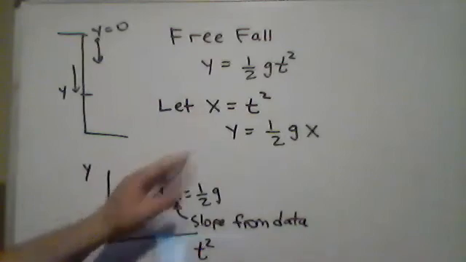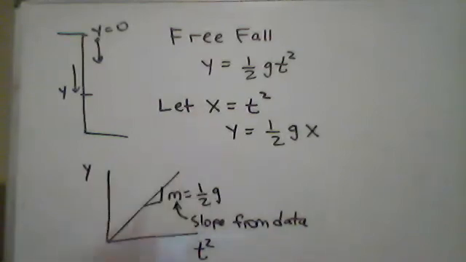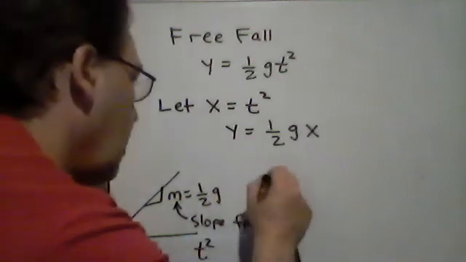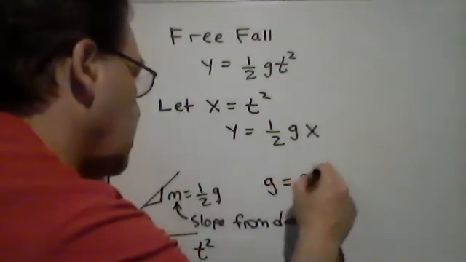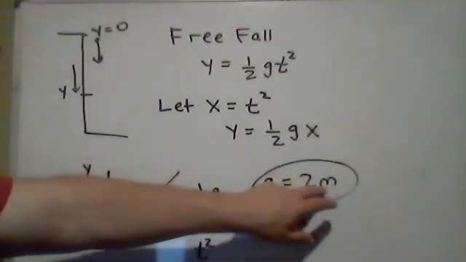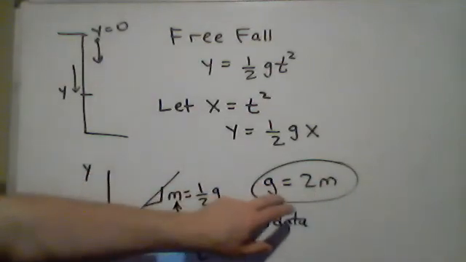I get a line. I figure out the slope of that line, and then I say, I want a measurement for the acceleration of gravity. Well, I'll multiply both sides by 2, and I get that g equals 2m. So whatever my slope is, I multiply by 2, and I get a value for the acceleration of gravity.